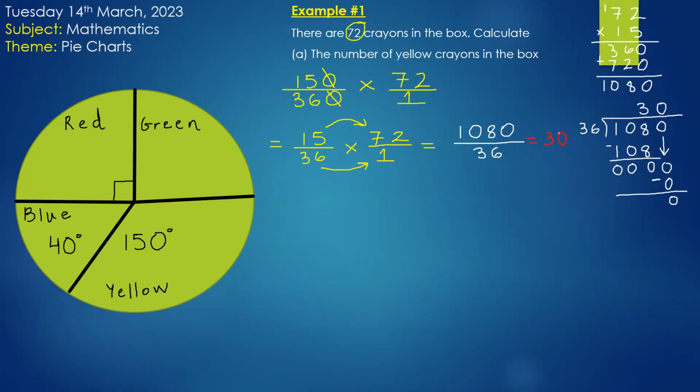So how many yellow crayons are in the box? 30. Very good. So that's straightforward. For yellow, there are 30. Now let's do red.